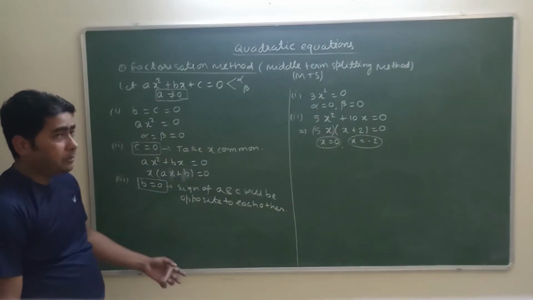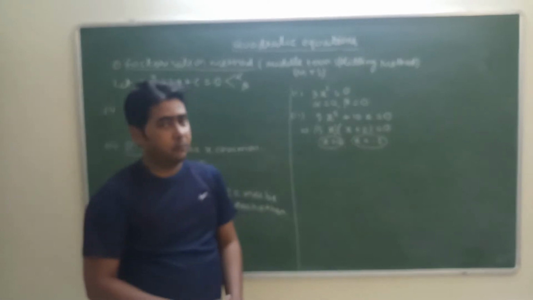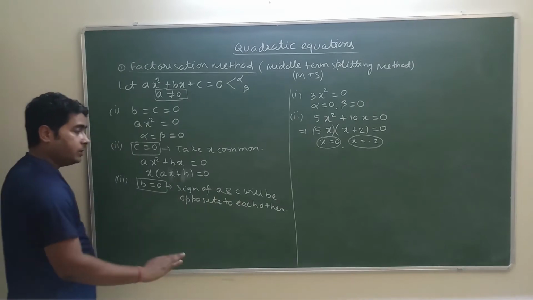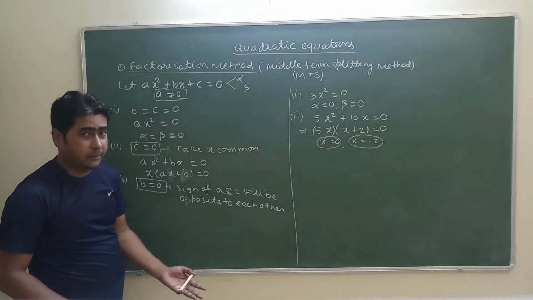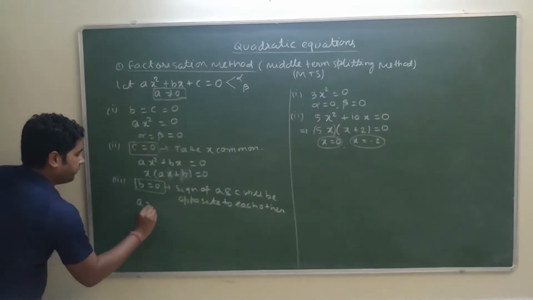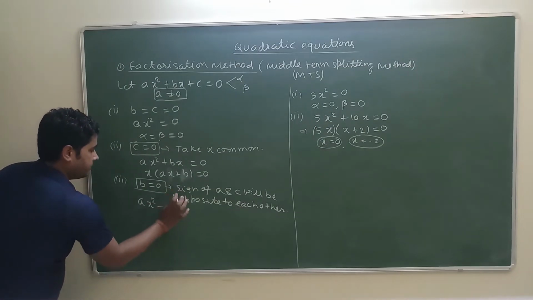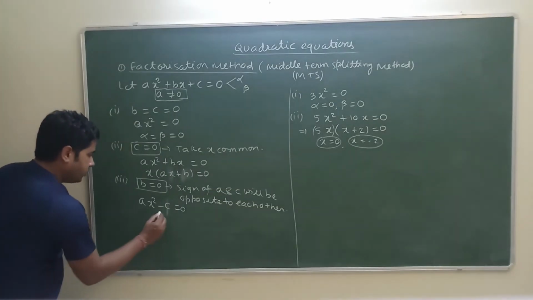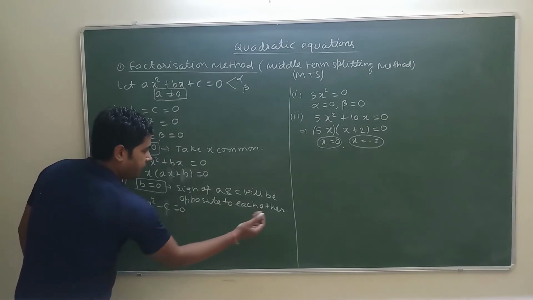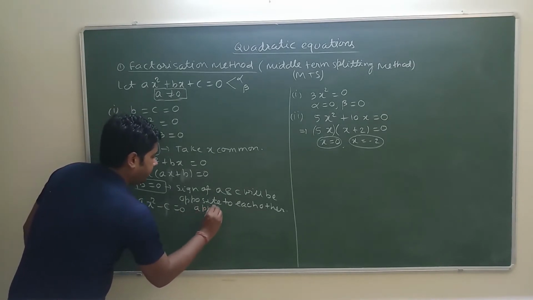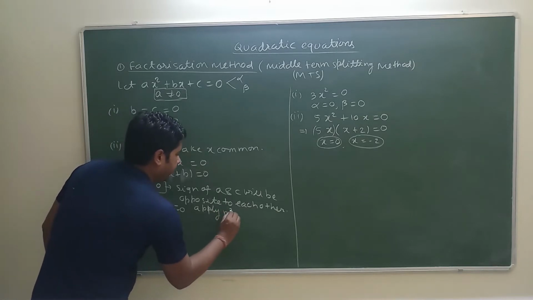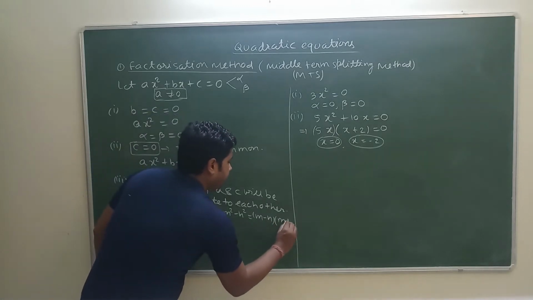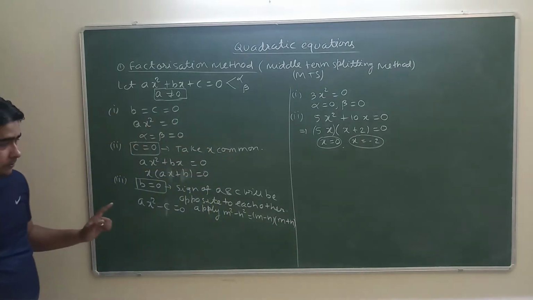That means a and c can't be both positive, and they can't be both negative also. We'll see why I am saying this. First, let's solve the situation in which a and c have opposite signs. So the equation will be ax square minus c, because b is 0 and there will not be any x term. In this situation, you have to apply the identity m square minus n square, that is m minus n and m plus n, to factorize this equation.